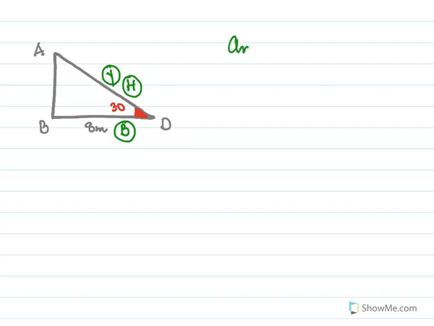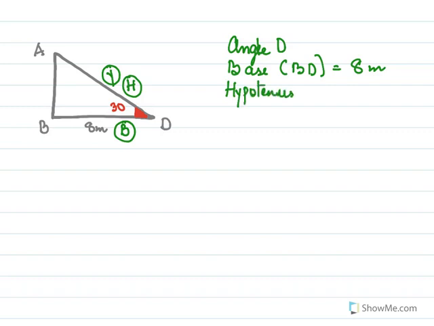So we have for angle D, the base, which is BD, is equal to 8 meters, and the hypotenuse, which is AD, equal to Y. Now base and hypotenuse, so the ratio we need to use is cos.